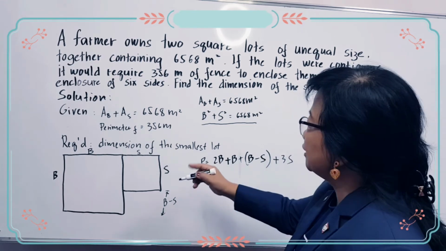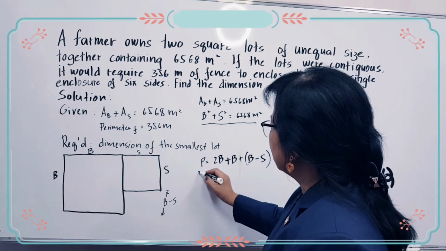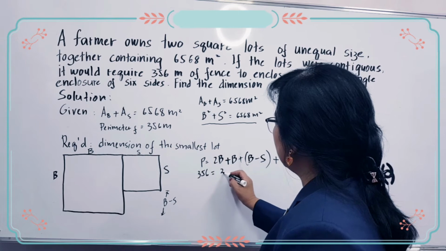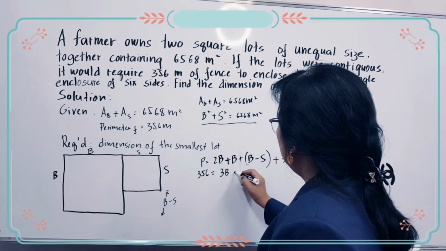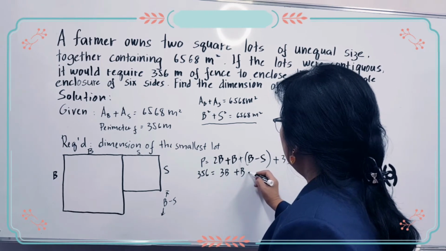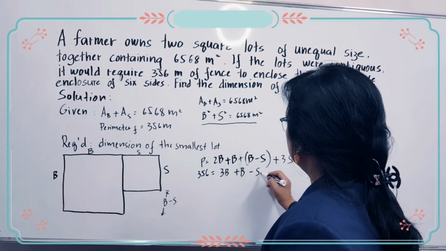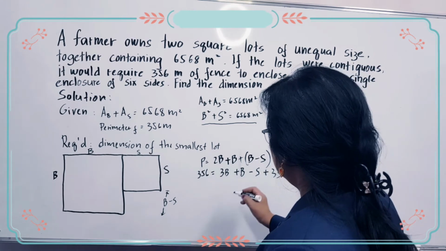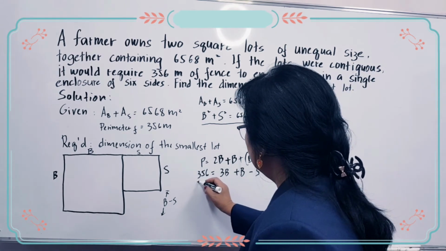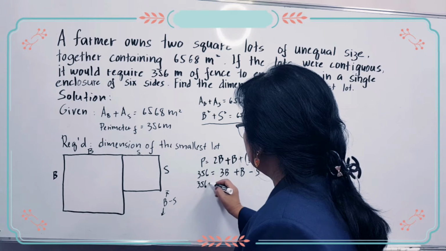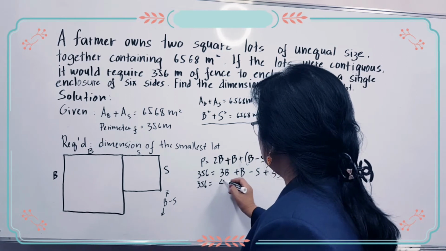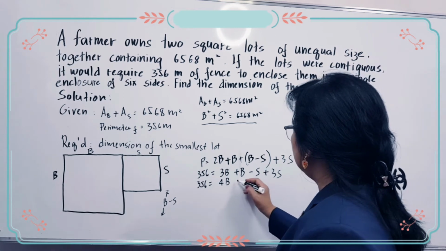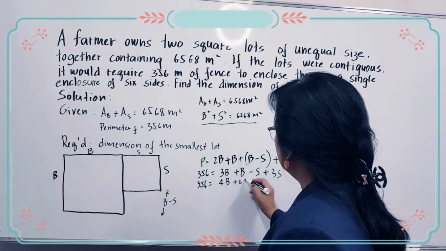Now, the perimeter is how much? 356. That is equal to 2B, of course, 3B, plus B minus S plus 3S. Now, we have to simplify this one. 356 is equal to 4B, and 3S minus S will be 2S.